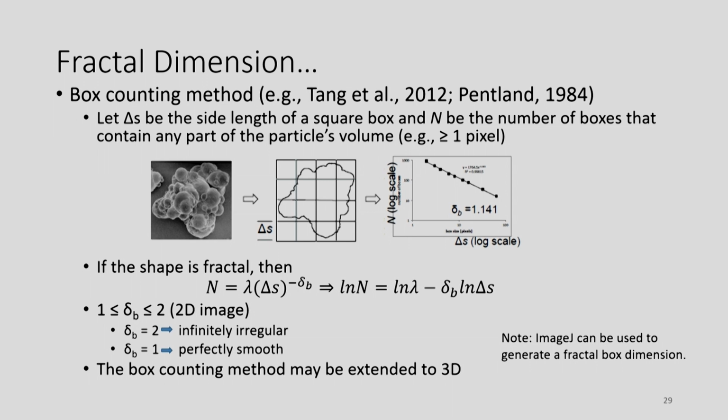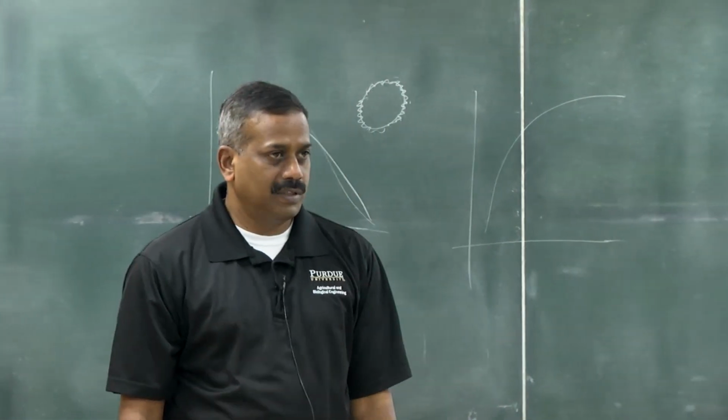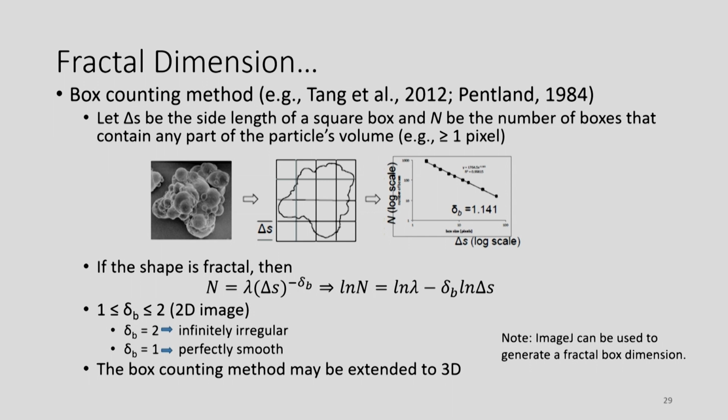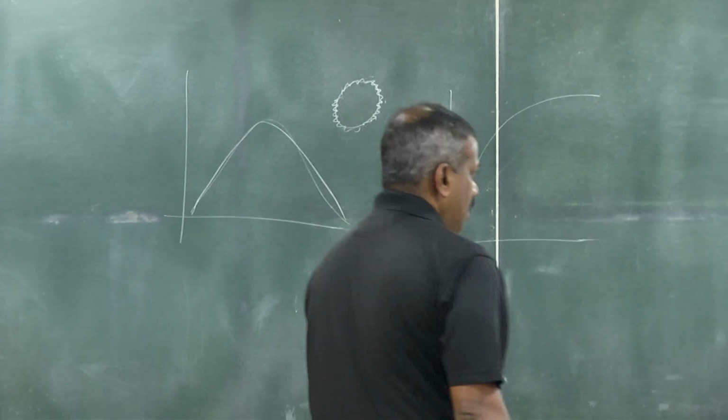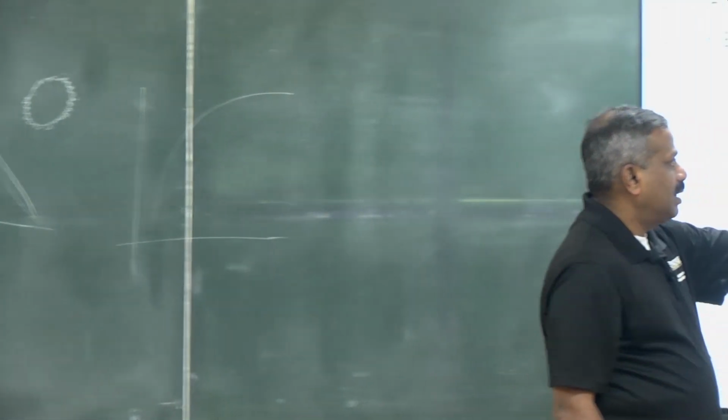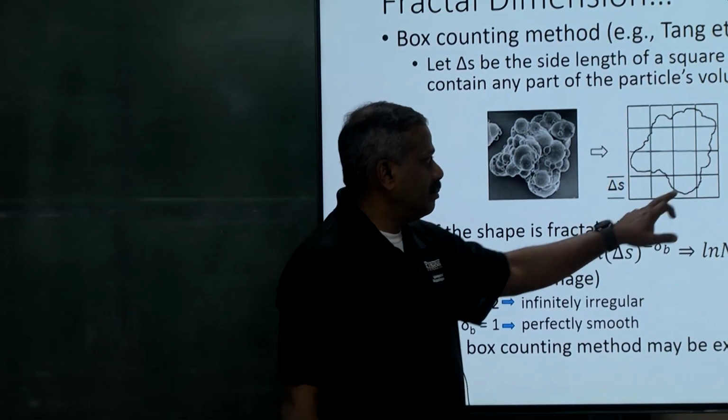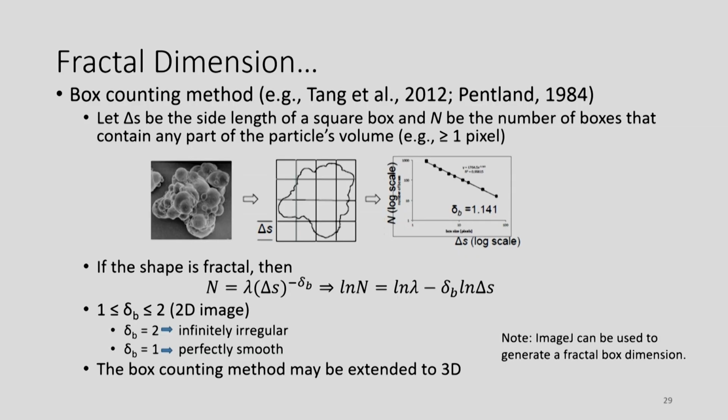The other common one is the box counting method. Take an image and split it into boxes of some definite pixel size, 2 pixels, 5 pixels, etc. Divide it into smaller boxes, and based on the number of boxes that the particle falls into, you get the fractal dimension.